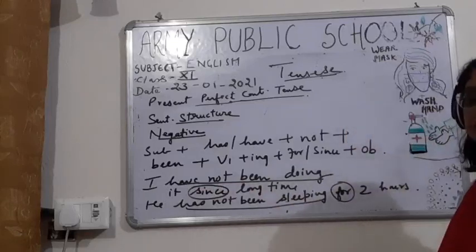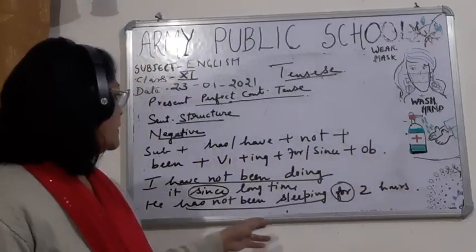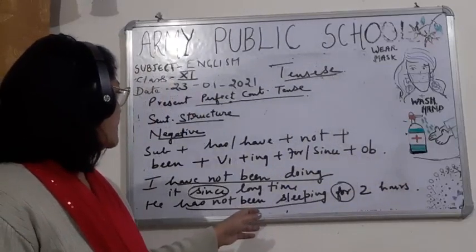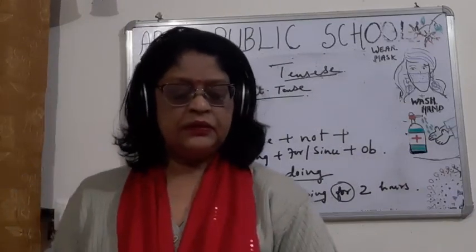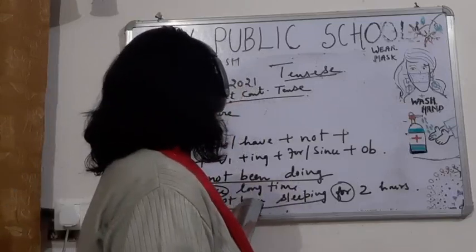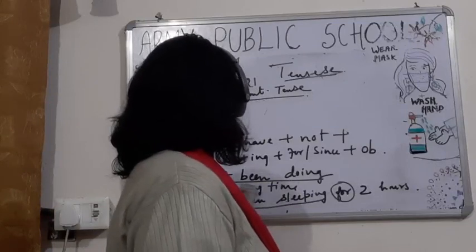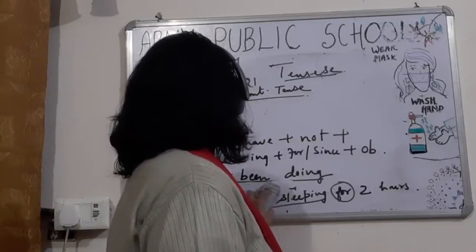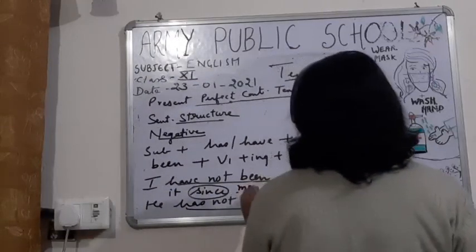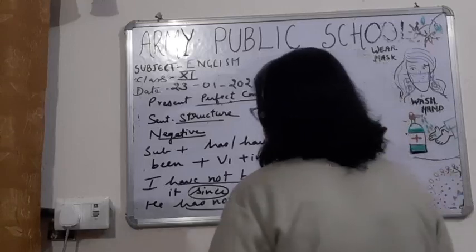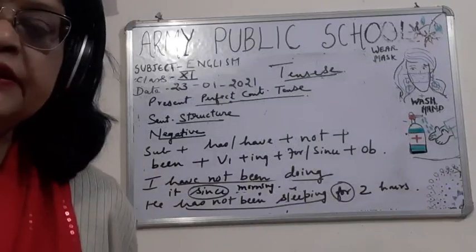For is period of time, since is point of time. So this is for negative sentence.